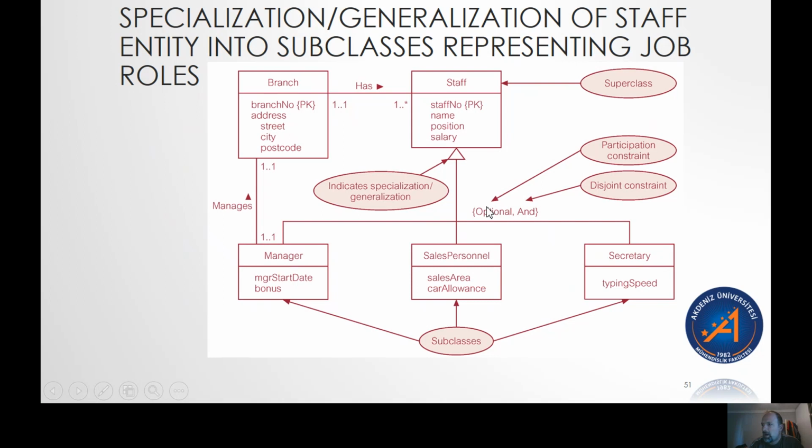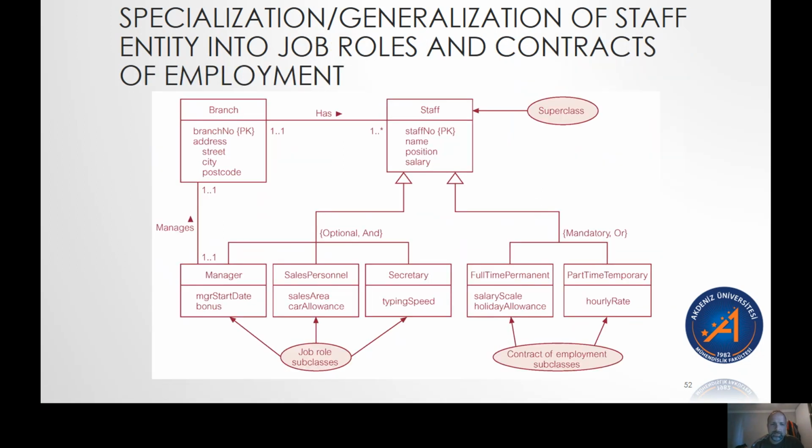So optional and, and as we'll see on the next slide, some other possibilities, like mandatory or. So you have a staff person. They could be a manager, a sales personnel, or a secretary. Notice here also the manager type is the only one that has this relationship with branch.